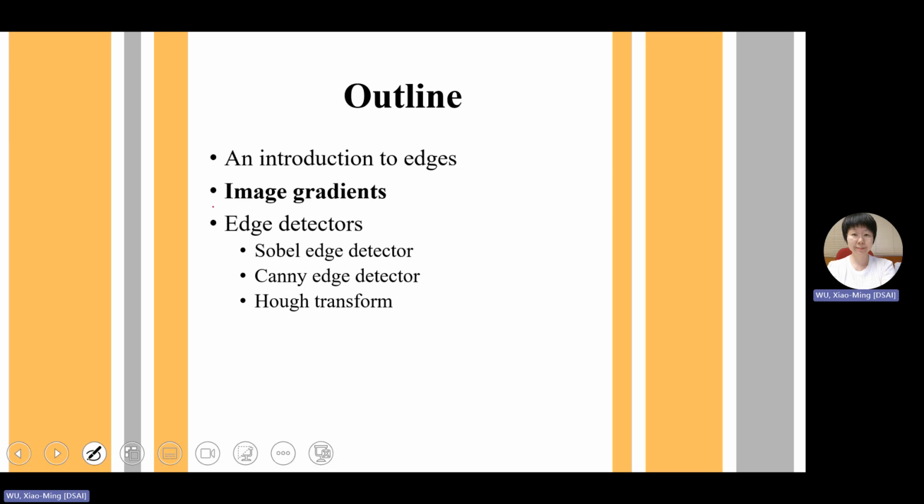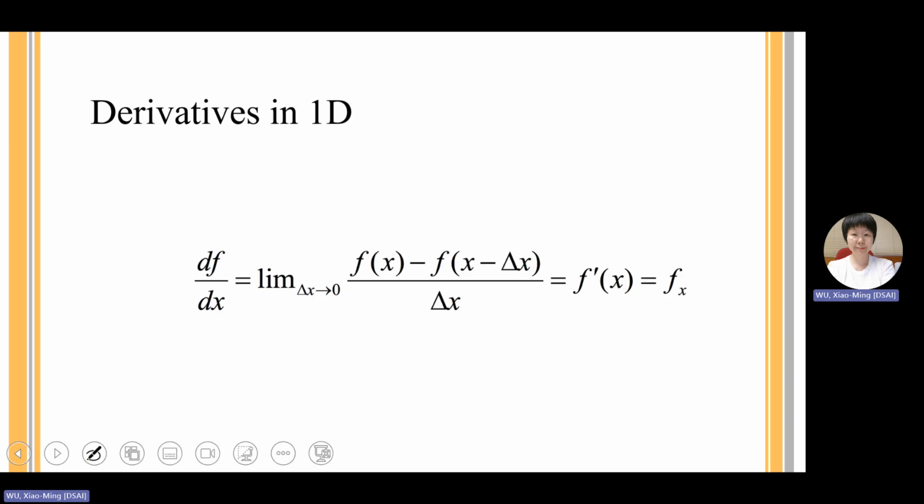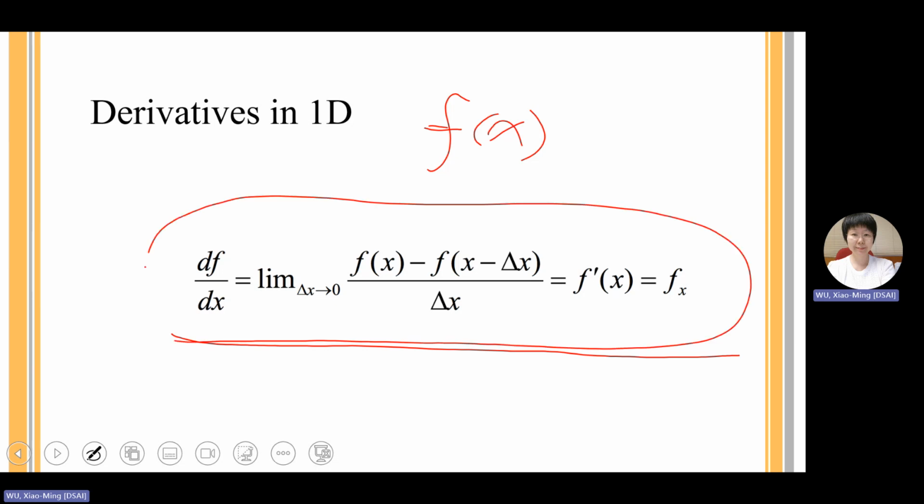Now we're going to define image gradients and use them to calculate edges. This is the derivative for a real function. Suppose f is a real function with only one variable x. This is the definition of derivatives.